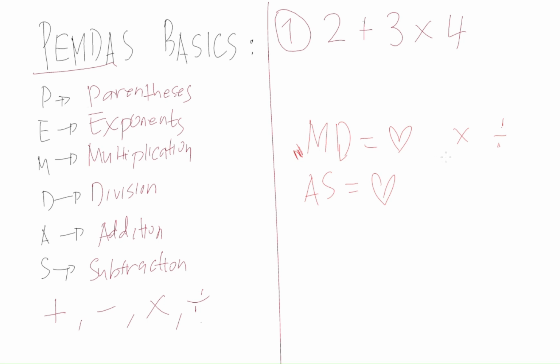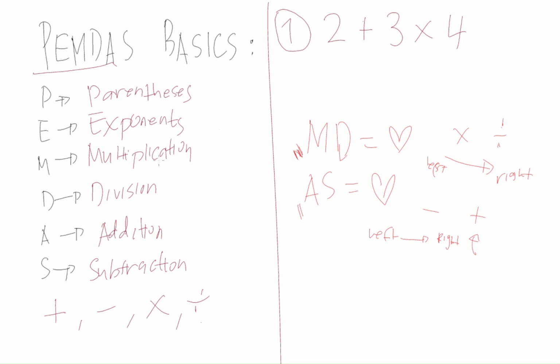No, you're always going to start from left to right. That's the same thing as the best friends, addition and subtraction. It doesn't matter if you have a subtraction and addition, you're not going to start with addition first. You're going to start from left to right. They are best friends.